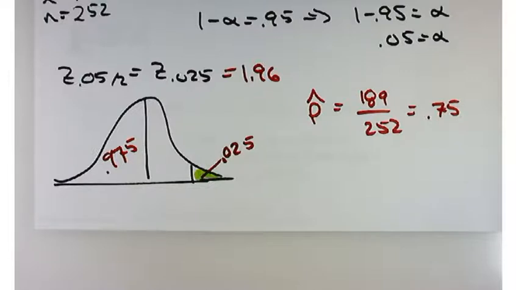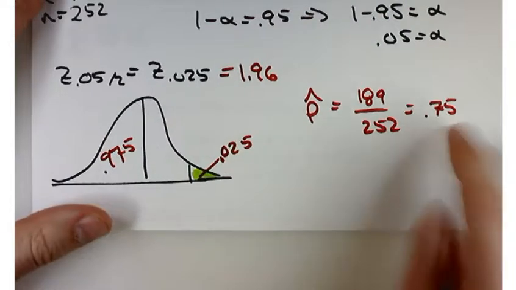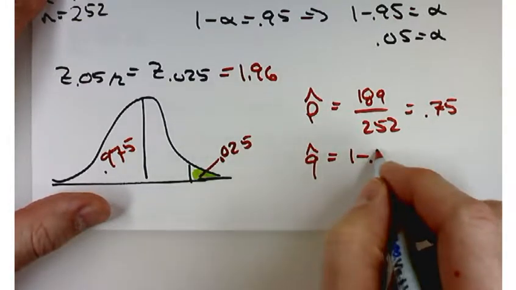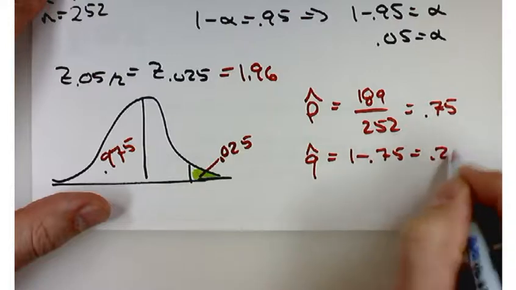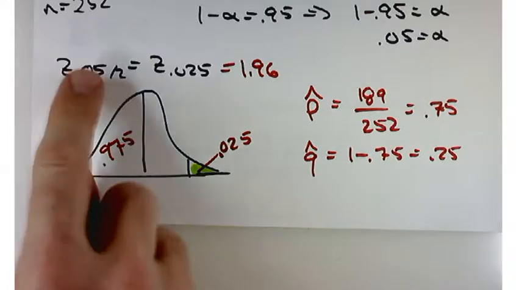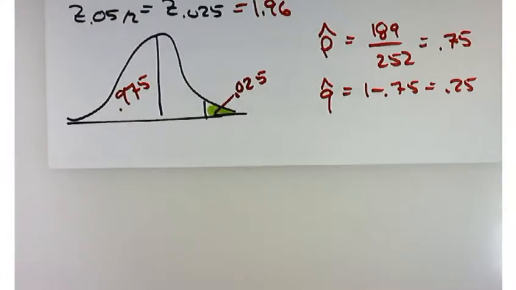Didn't expect it to work out quite so even. So if p hat is 0.75, what's q hat? Good, 0.25. Nice. And we're going to put those two terms together along with n and calculate our margin of error. That is the e term there.